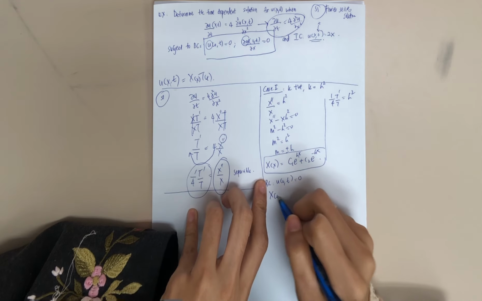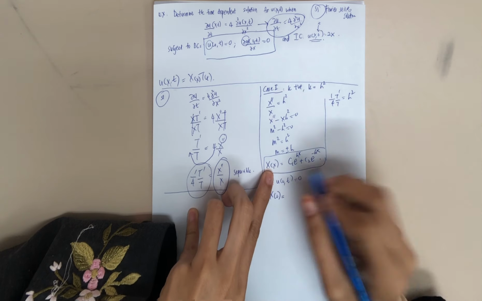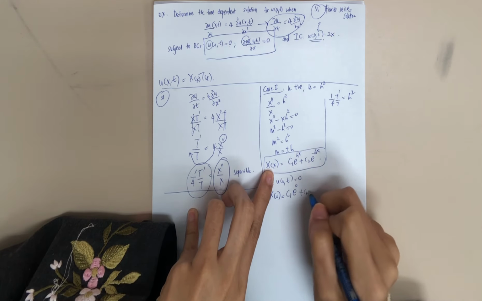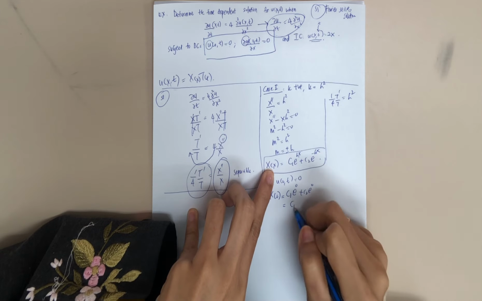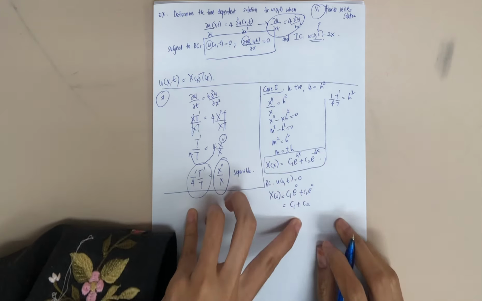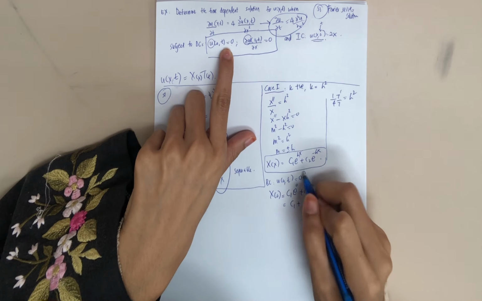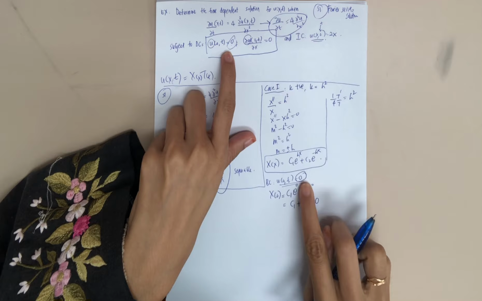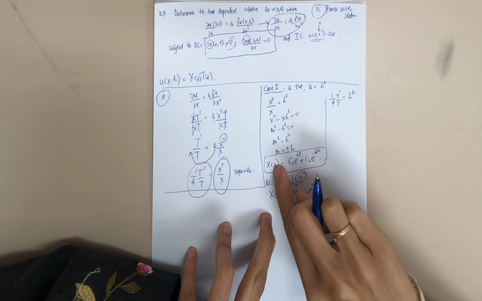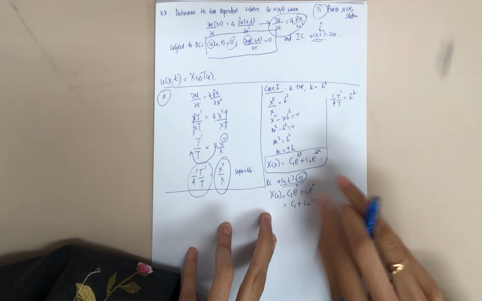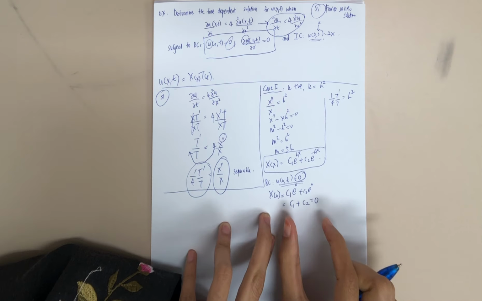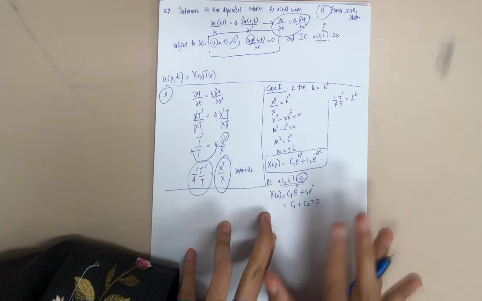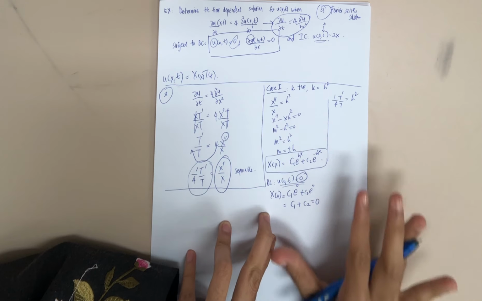Therefore we have c1 e^0 plus c2 e^0, which equals c1 plus c2, and this equation is equal to 0. After you substitute at 0 into this equation, it is equal to 0. So you have the equation c1 plus c2 equal to 0. Then hold it, leave it like that.